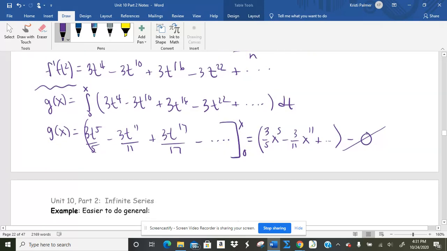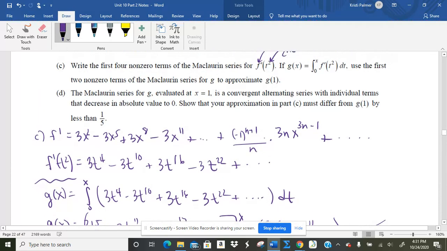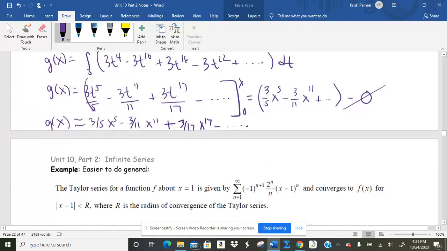So here I get that g of x is this. And it keeps going. So then let's see what it says. It says use the first 2 terms of that to approximate g of 1.